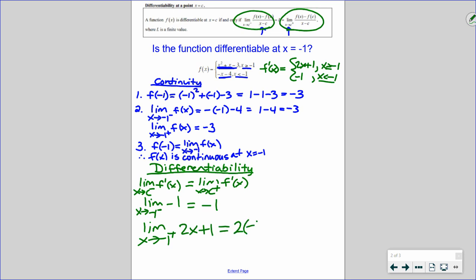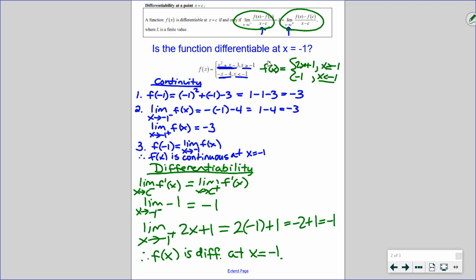So again, plug in negative 1. So we'll get negative 2 plus 1, which equals negative 1. But check it out. Those limits are equal to each other. So we can say, yes, therefore, f of x is differentiable at x equals negative 1 as well.